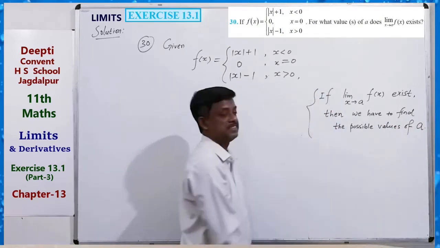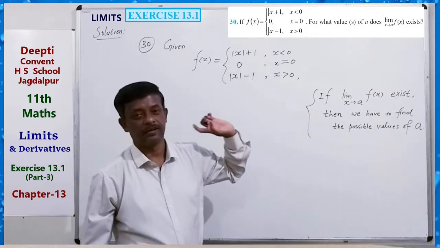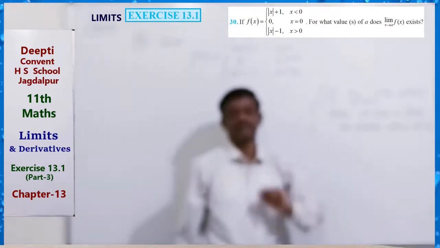Okay, so this is our target, the possible values of a.